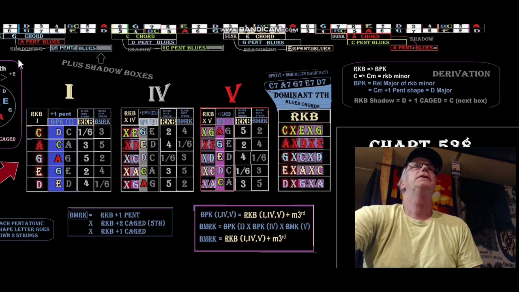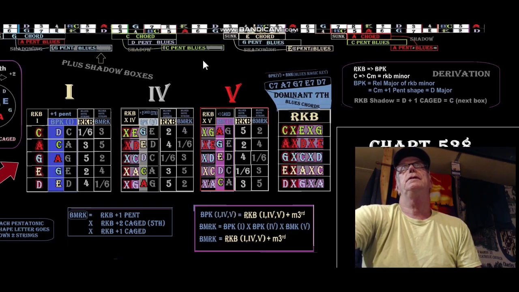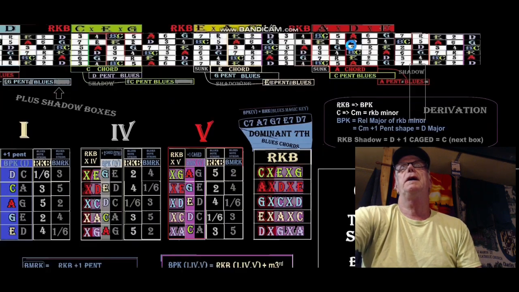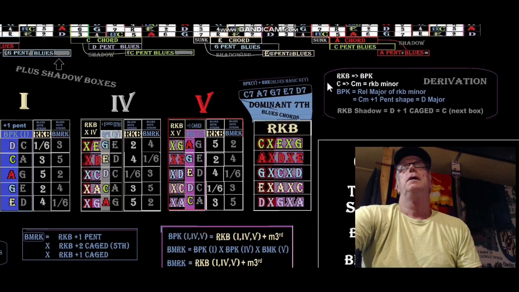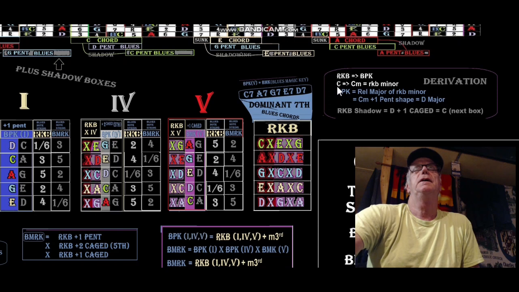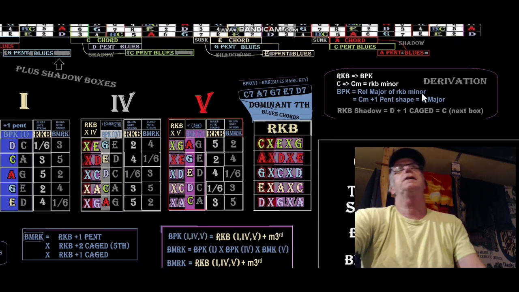because of this. And let's look at the derivation again. What we just talked about. The root key of the blues, the derivation to convert or overlay the blues Pent key, we take the key, we start in C here.